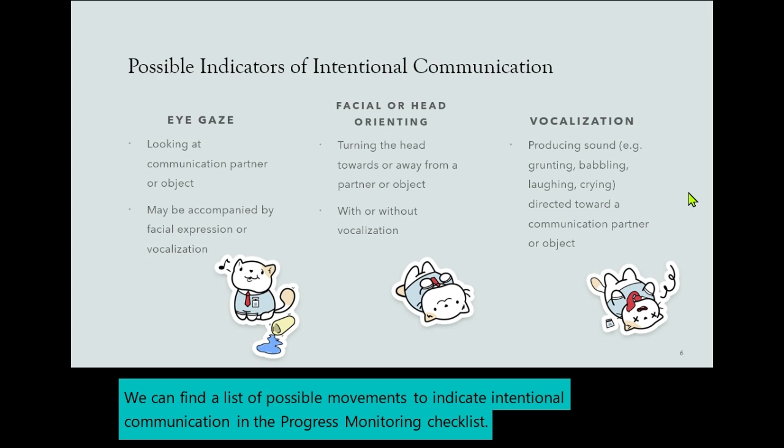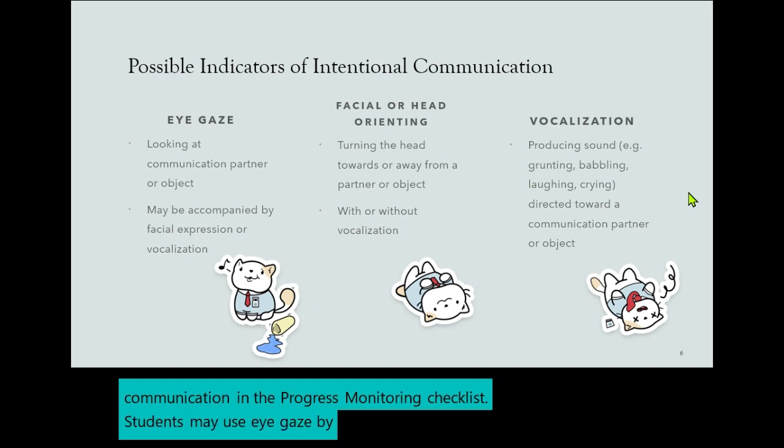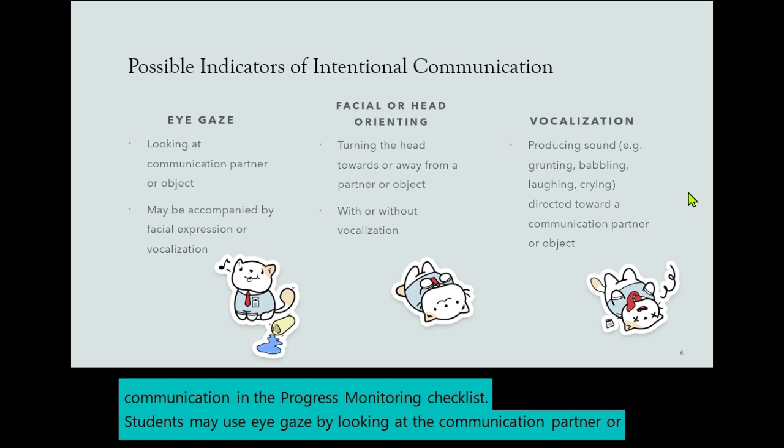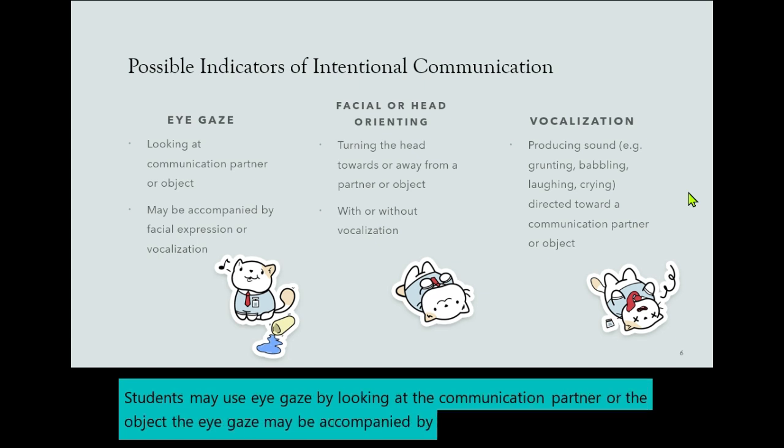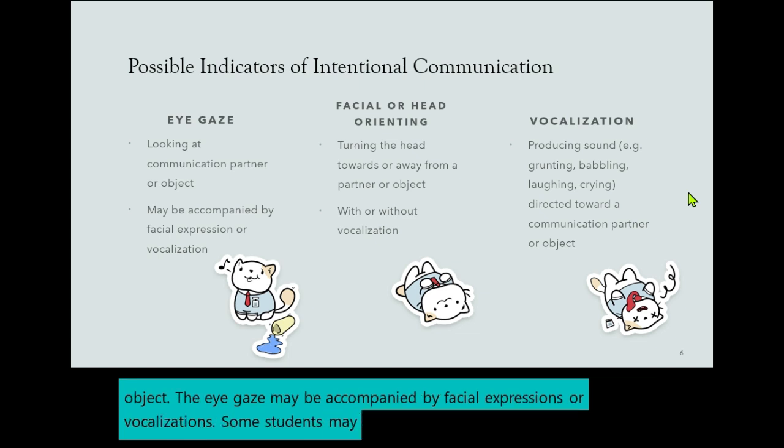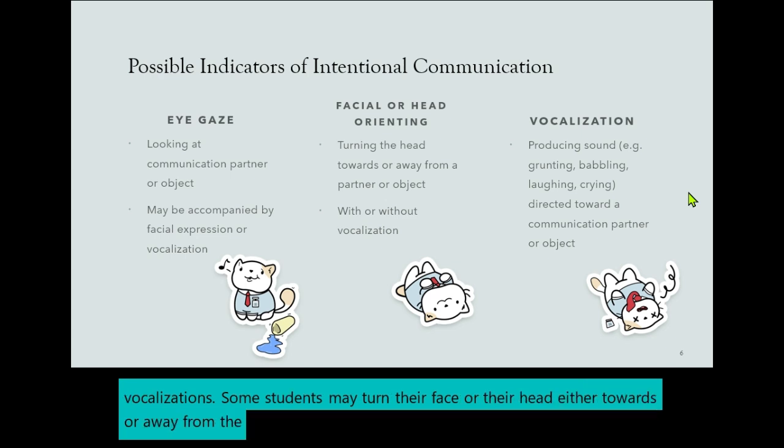Students may use eye gaze by looking at the communication partner or the object. The eye gaze may be accompanied by facial expressions or vocalizations. Some students may turn their face or their head either towards or away from the communication partner or the object. These may also be accompanied by vocalizations.